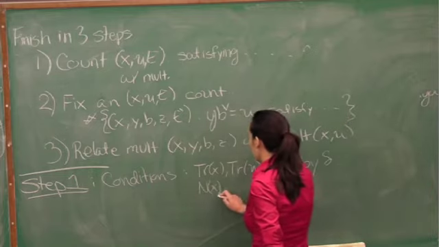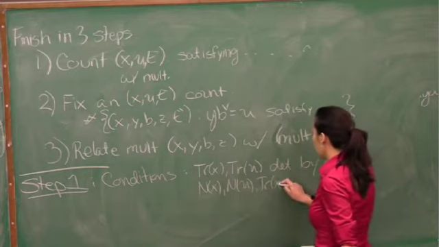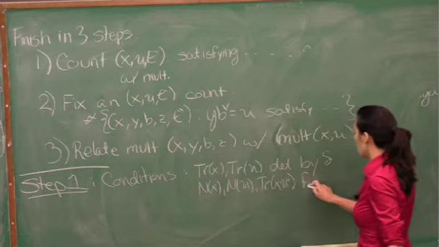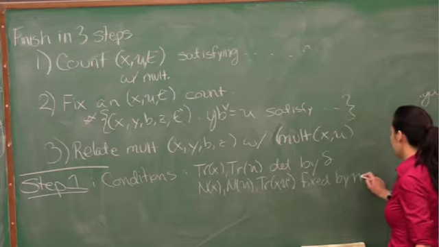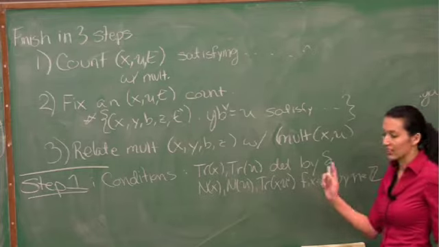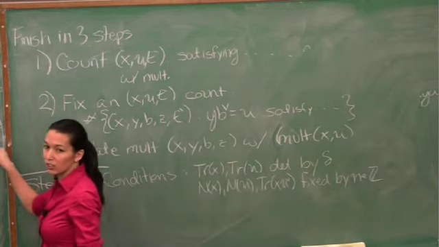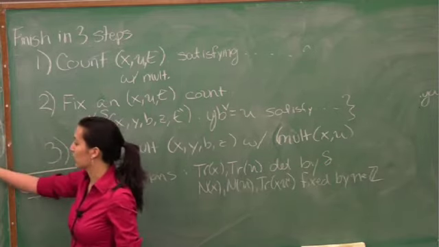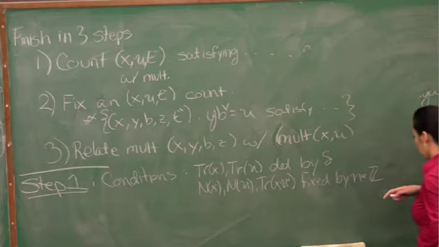And then norm of x, the norm of u, and trace of x u dual are all fixed by an integer n. And this integer n is the integer n that shows up in the summation. So it has to satisfy these properties, and then it gives rise to a norm of x, norm of u, and trace of x u dual.